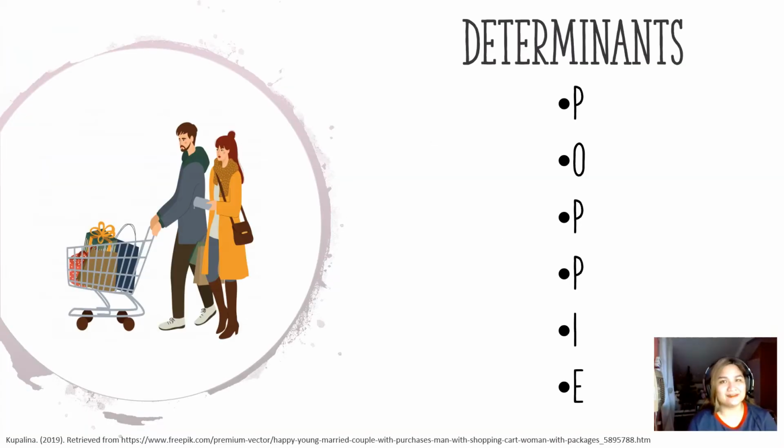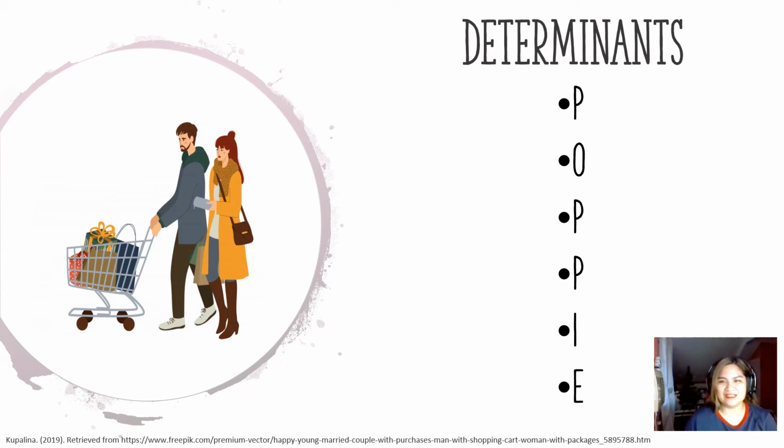Although price is the major determinant of demand, it is not the only factor which should be considered. There are also other determinants which affect the demand. In order for you to remember the determinants of demand easily, I came up with an acronym, and that is POPI.